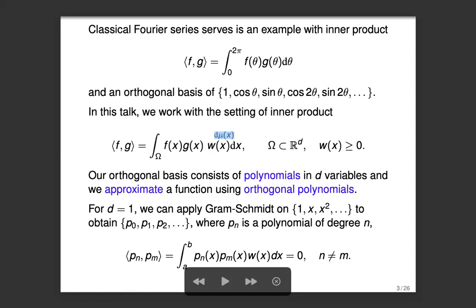The simplest case, of course, is d equal to 1 dimension. In this case, we can apply Gram-Schmidt on the basis 1, x, x squared, and so on. Then you get a basis called P_0, P_1, P_2, where P_n is a polynomial of degree n. Then the inner product of P_n and P_m is, let's say on our interval [a,b], the integral of P_n P_m w(x) dx equal to 0.